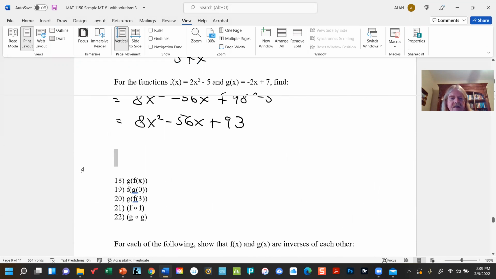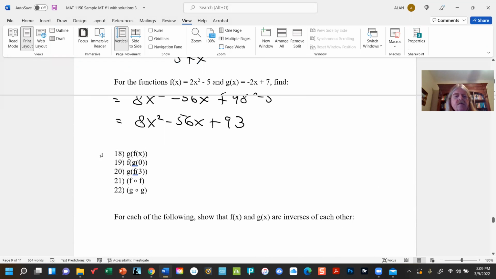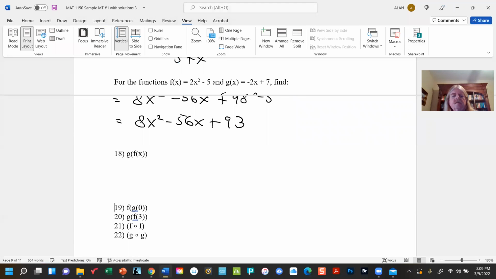For example, g of f of x. Okay, so here's what's happening now. We take the function g of x and replace all the x's with f of x.